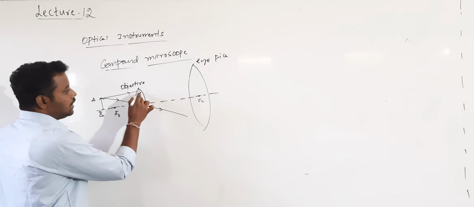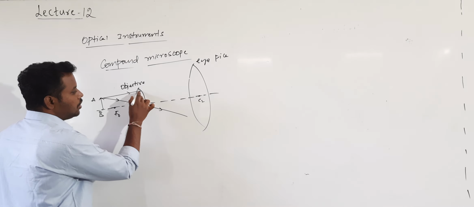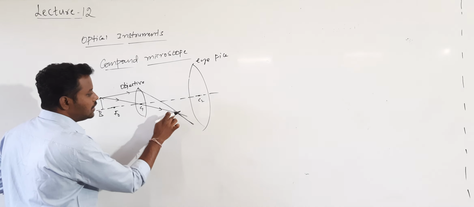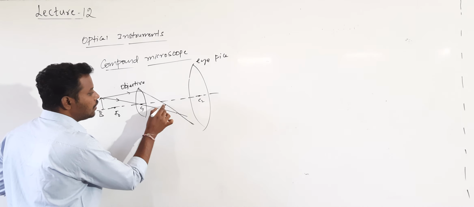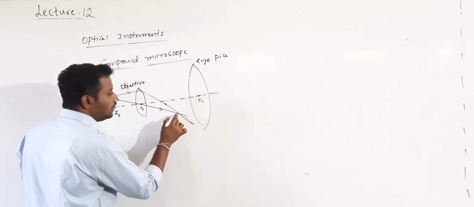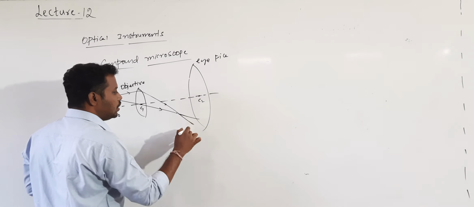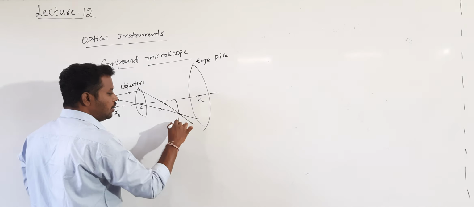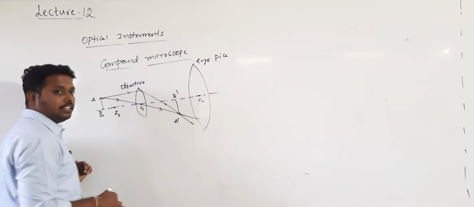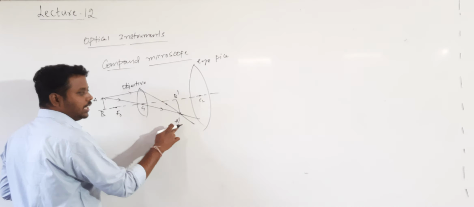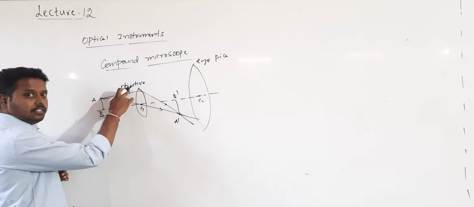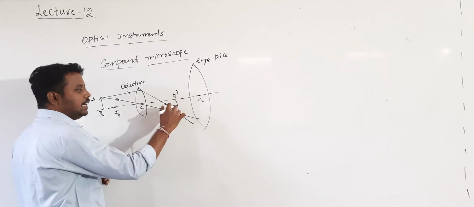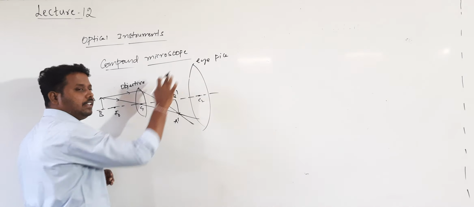After refraction, the light ray passes through the principal focus of the objective lens. The two light rays are converging. Because of their convergence, I will get a real image. So here I will get an enlarged, real and inverted image, A dash B dash, formed by the objective lens in front of the eyepiece. This A dash B dash acts like an object for the eyepiece.